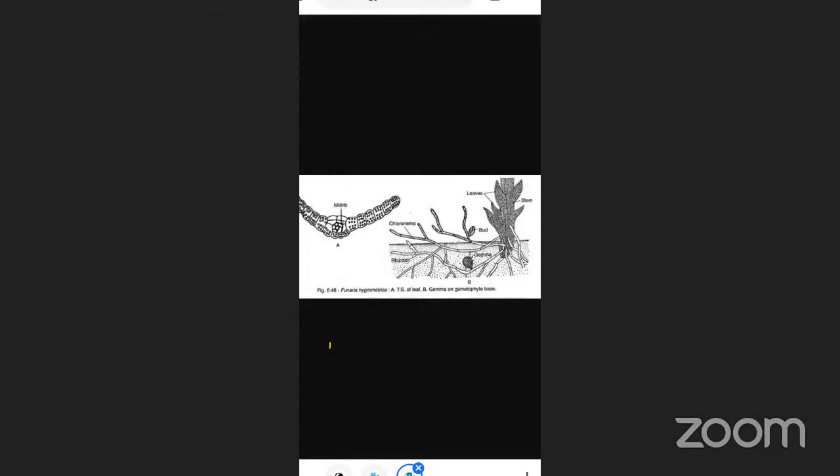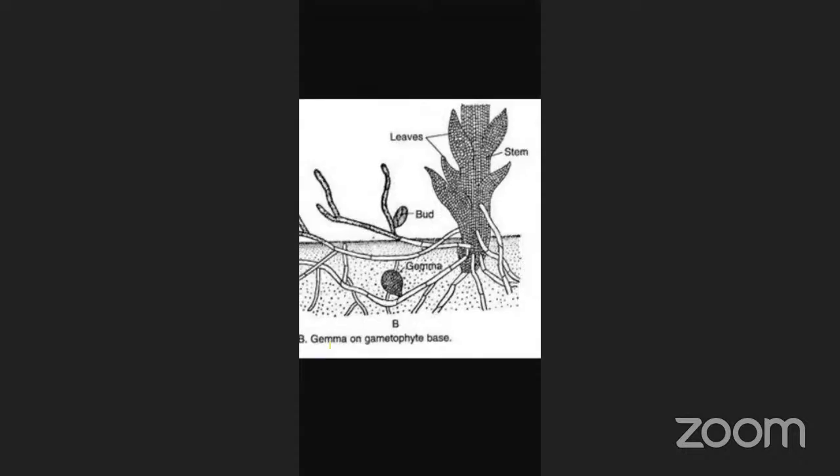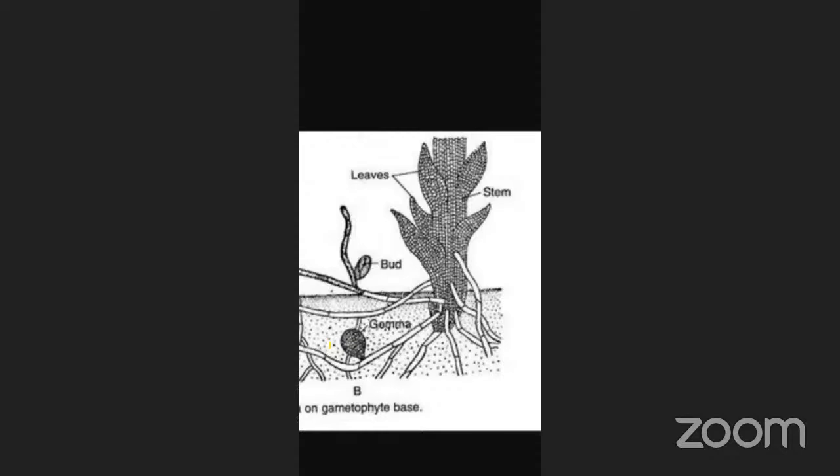The leaves are very small and spirally arranged on the stem. See here, the leaves are very small in structure. There is no stalk, meaning sessile, directly attached to the stem. They are green in color.